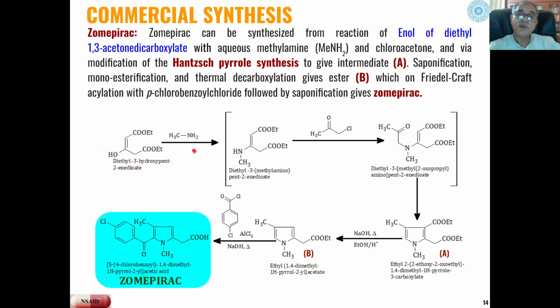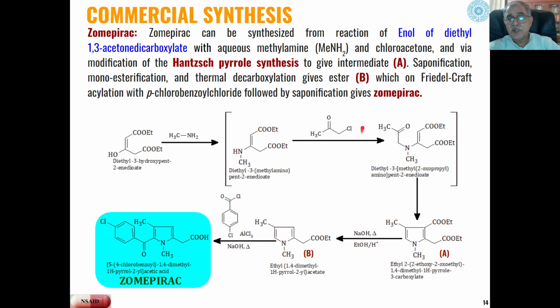OH from here and H from here will be removed, and we will get N-methyl derivative of acetone dicarboxylate. And this whole process is called Hantzsch pyrrole synthesis, because Zomepirac is having a pyrrole functional group attached in the ring.